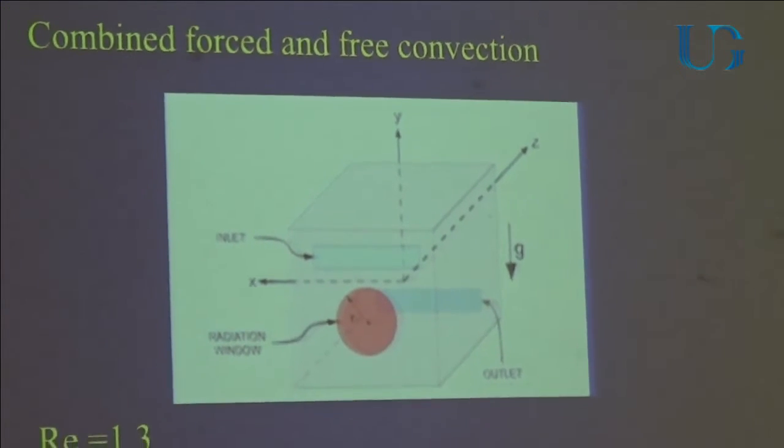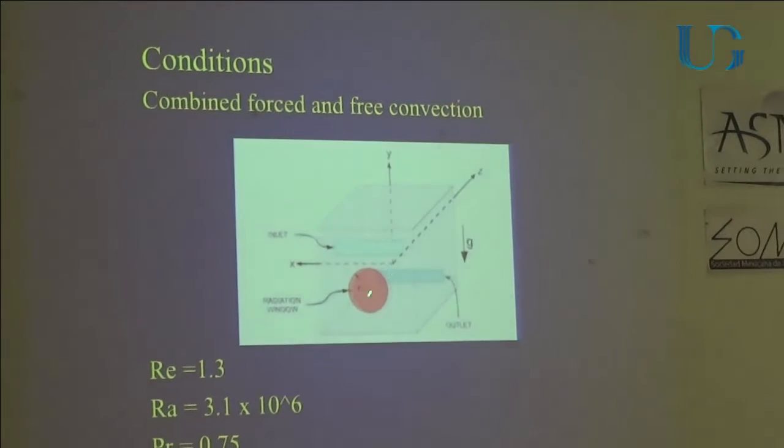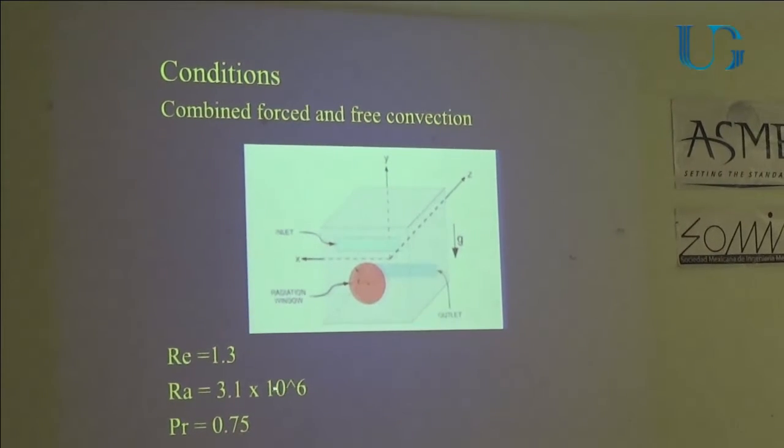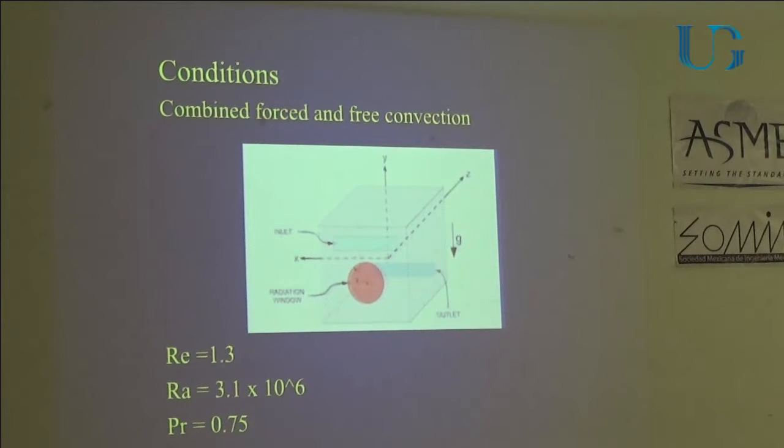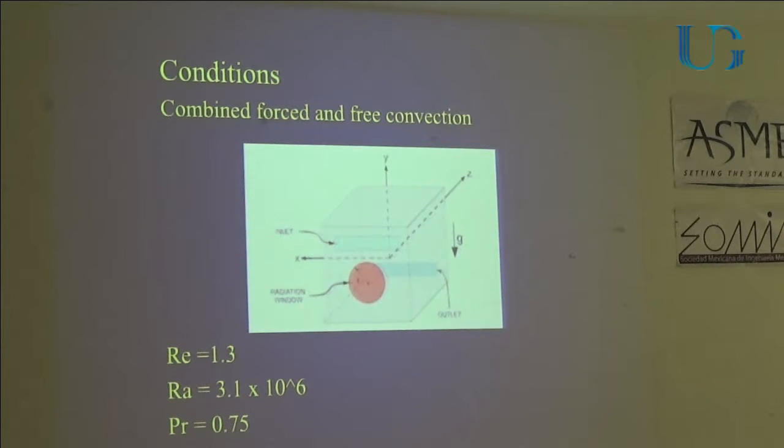The Rayleigh number that describes the natural convection inside is 10 to the 6, and the Prandtl number is that corresponding to air. This is just an illustration, a sample. We don't claim that this is very realistic, but we want to understand the physics.